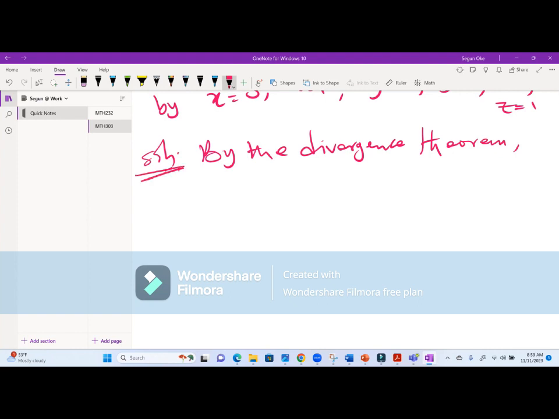The required integral is equal to the integral over the volume V of div F dV, which is the same thing as the integral of everything. Remember, div means d/dx, d/dy, plus d/dz. You remember? Am I talking, please? Yes, sir.